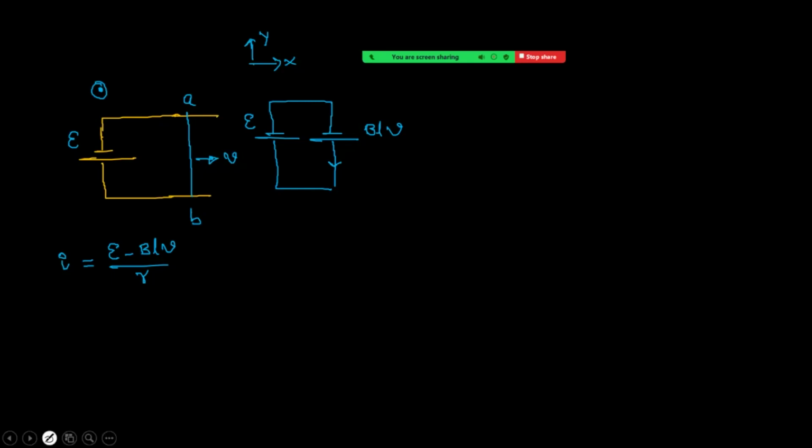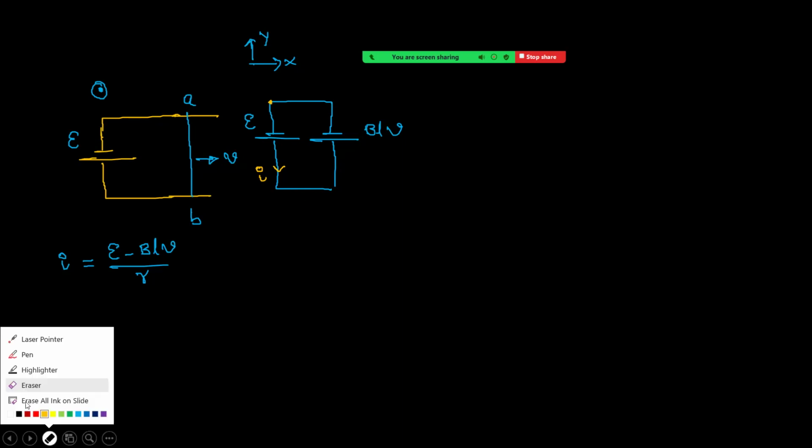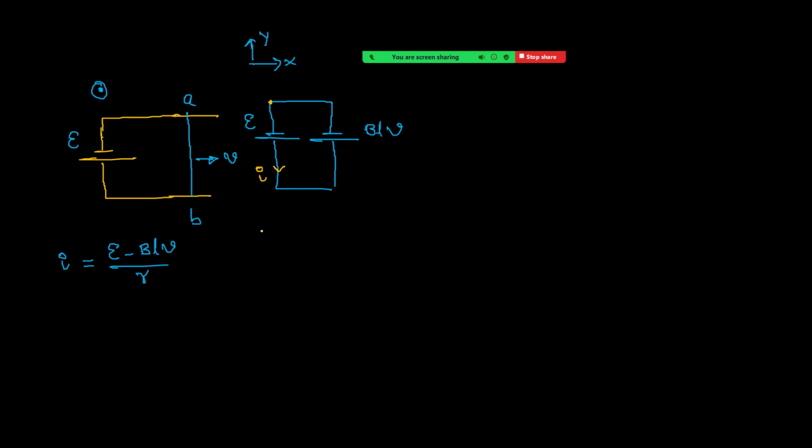Or if you have any confusion, let us do one thing. Write Kirchhoff's second law. Suppose I am taking the current as I like this. This is the net current. To avoid confusion, I am erasing this arrow here because the direction of current depends on the net EMF.